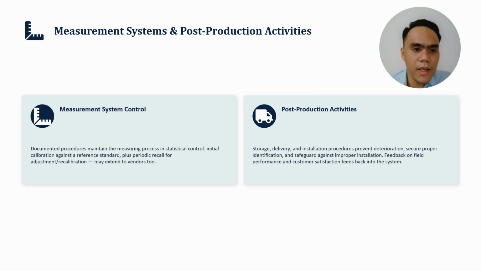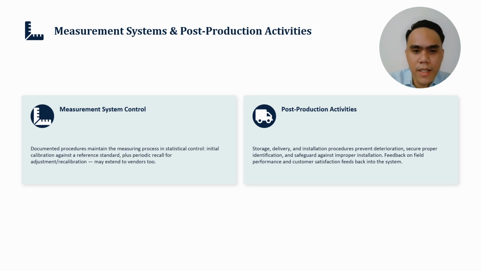In addition to the process and its output being controlled, all measuring systems used in the development, production, and installation of products should themselves be controlled. A measuring instrument that's out of calibration can make a perfectly good process look defective, or worse, let a defective process look fine.